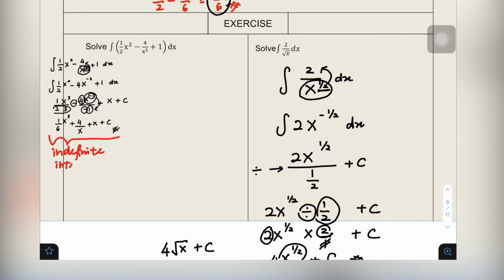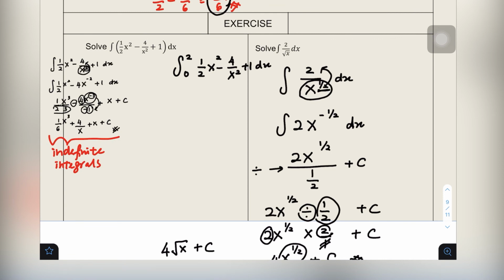How if you have been asked to integrate from 0 to 2 of 1 over 2 x to the power of 2 minus 4 over x to the power of 2 plus 1 dx?